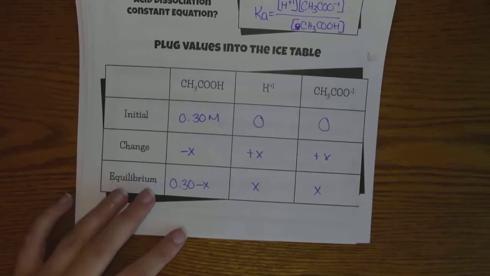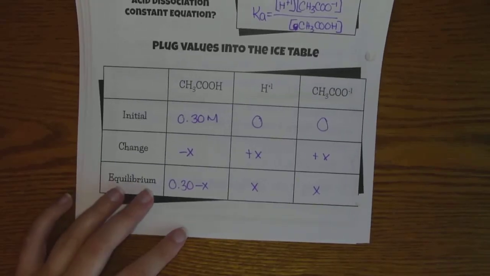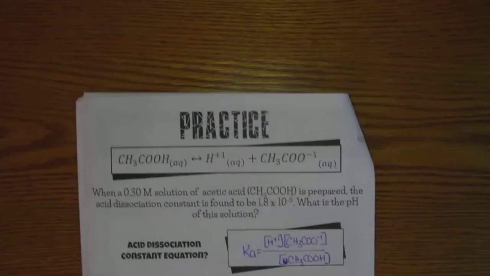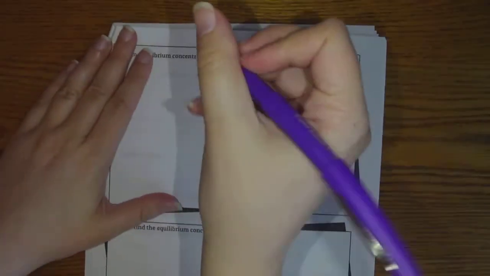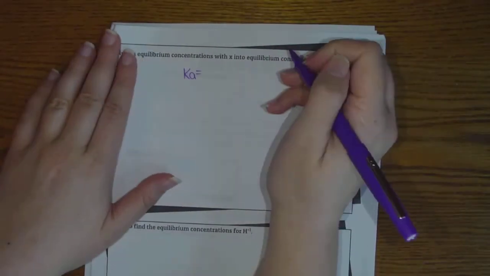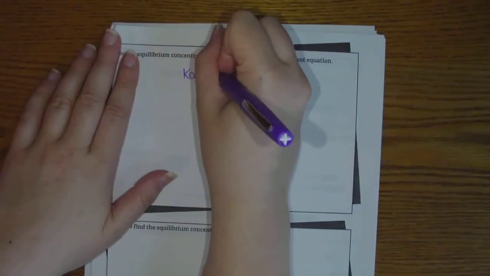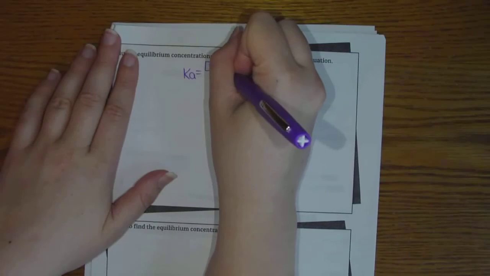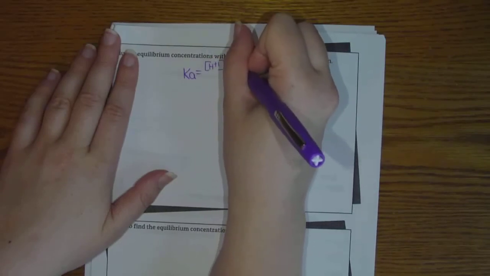Okay, so this next part's going to look a little similar to what we just did in this previous unit. First thing, we need to solve for x here, right? So we need to write our equilibrium or acid dissociation constant equation again.